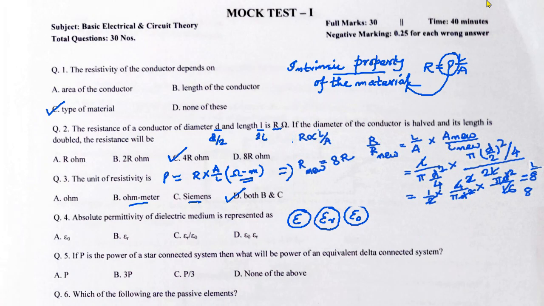Now what is the relation between these? The relation is epsilon is equal to epsilon 0 into epsilon r. That means the absolute permittivity of a medium is the multiplication of permittivity of free space into the relative permittivity of that medium. So option D here is the correct answer.